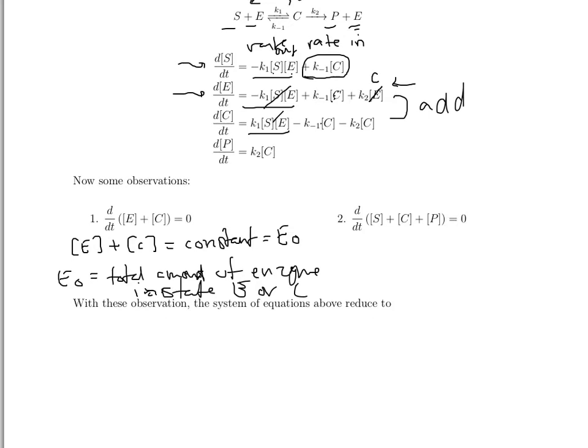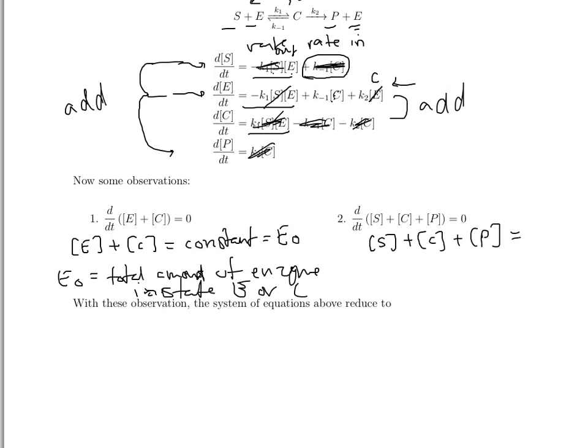Notice if, in addition, we add together the first, second, and last equations, the right-hand sides also cancel. So we get the mass action terms going away. This K1C goes away with one of these, and then the K2Cs cancel off there. So that also gives us 0, therefore implying that S plus C plus P is also constant, and we'll call that S0.